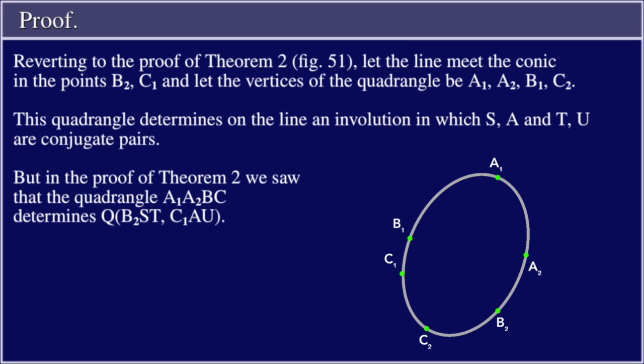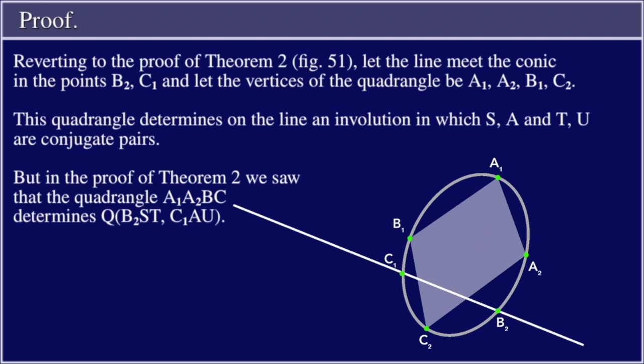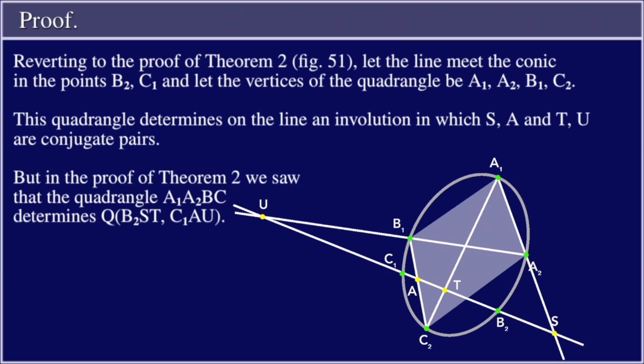Proof. Reverting to the proof of Theorem 2, figure 51, let the line meet the conic in the points B2, C1, and let the vertices of the quadrangle be A1, A2, B1, C2. This quadrangle determines on the line an involution in which S, A, and TU are conjugate pairs.